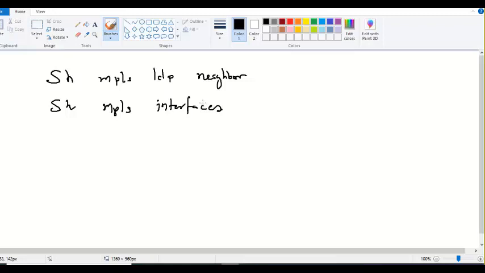Now let us assume MPLS is running on both sides, means configured on both sides properly. MPLS is configured on both sides correctly on all the interfaces, but still the neighbor is not there. Interfaces are up.